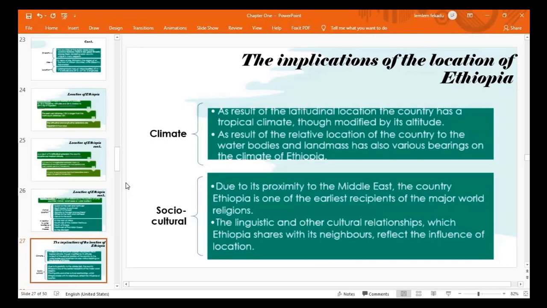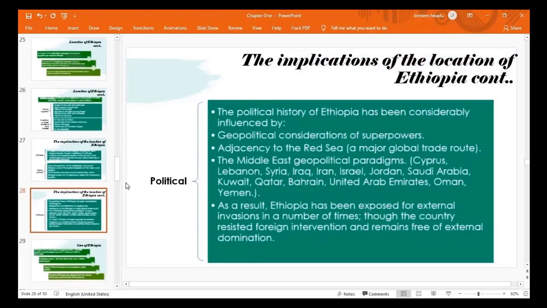So generally, the linguistic and other cultural relationships which Ethiopia shares with its neighbors reflect the influence of location, and it also has implications on the political situation of the country.